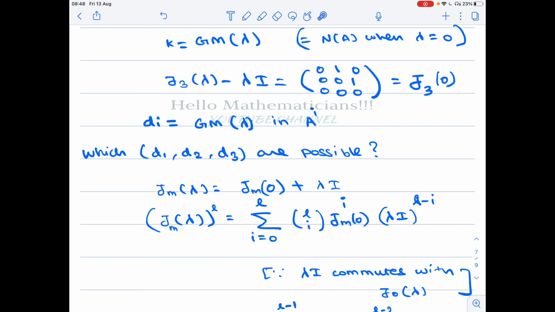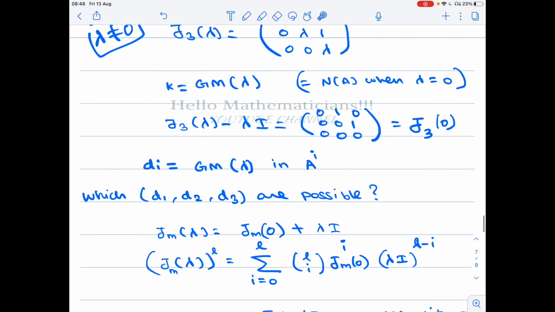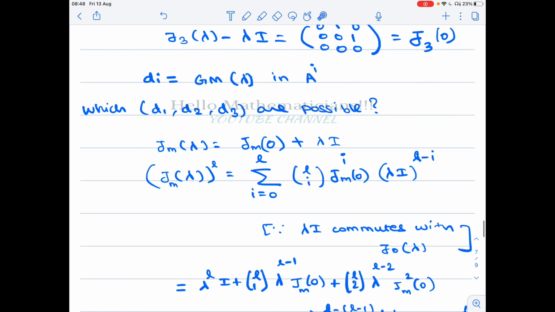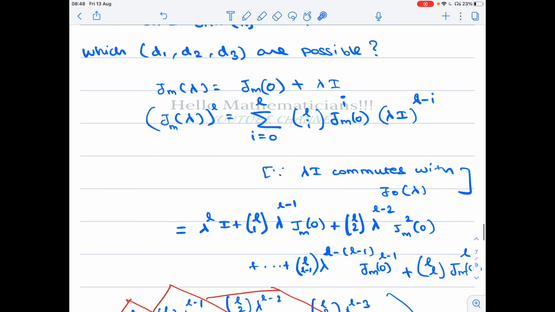Now we just saw that from this equation we get Jm of lambda equal to Jm of 0 plus lambda I. So this lambda I we can push to this side. We want to understand again the powers of Jordan blocks. So this power L will be this power L. Note that lambda I is a scalar matrix.